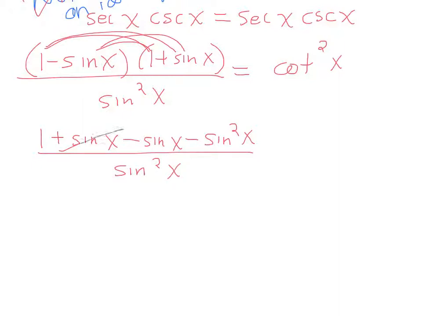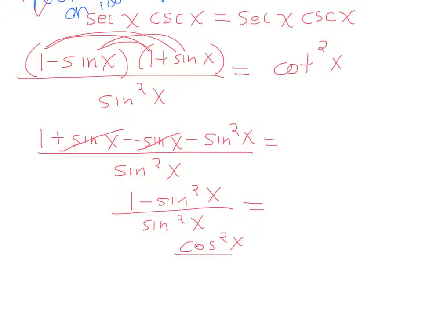See, the sine of x and the negative sine of x cancel each other. You're going to have 1 minus sine squared of x. And if you look at the formula chart, what is 1 minus sine squared of x? Cosine over sine. That is cotangent. And that is equal to the right side. So it is an identity.